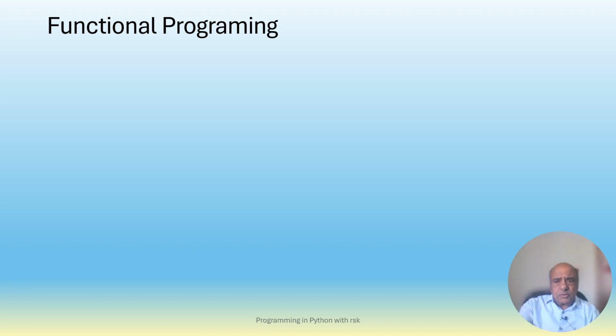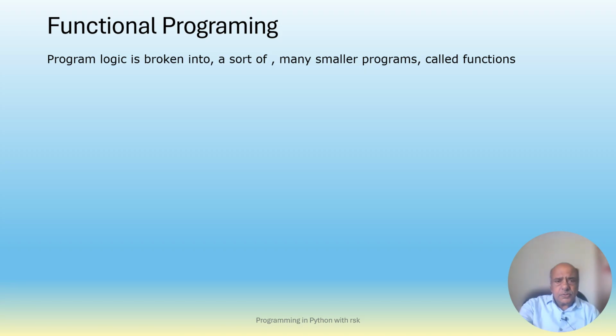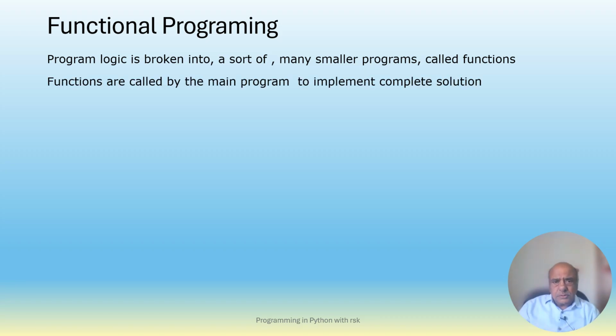In the functional programming model, what we do is break the program logic into many small programs called functions. These are all independent of each other. These functions are called by the main program to implement the complete solution.